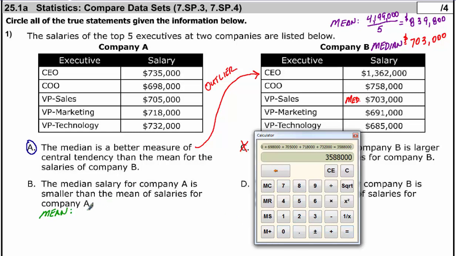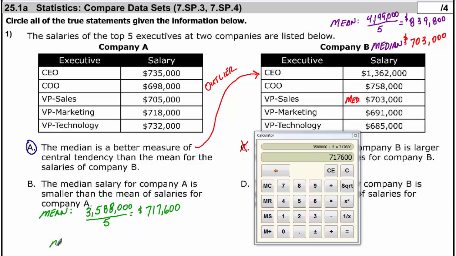And that gives us 3,588,000. We're going to divide that by 5. We get 717,600.